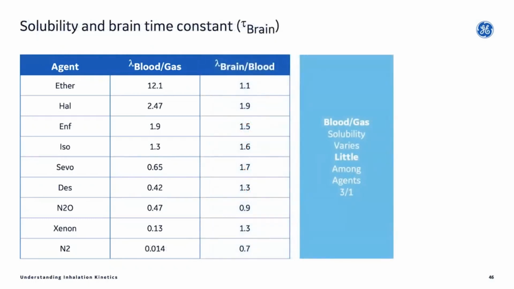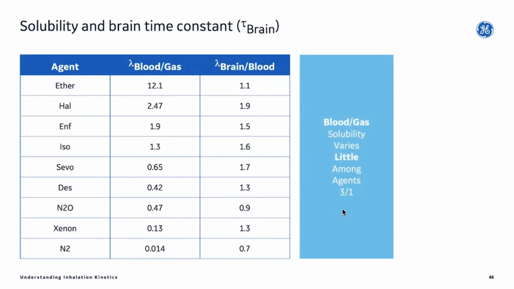If we look at the blood, the solubility and the brain impact, we're looking at the brain blood solubility and a time constant that arises therefrom. That is, blood gas solubilities were here, but brain blood solubilities are here.